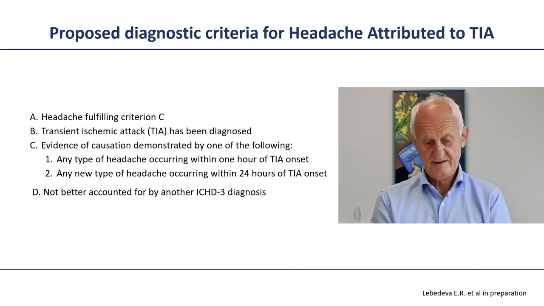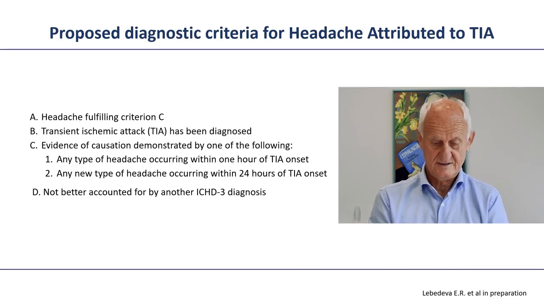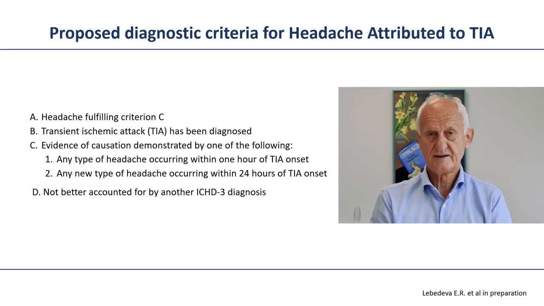So in this way, it was possible to greatly improve the diagnostic criteria for headache attributed to transient ischemic attacks. This kind of field testing is something that can be done almost everywhere in centers seeing a good number of patients. It's just about getting enough patients, doing a systematic clinical study, analyzing the material in a correct way.